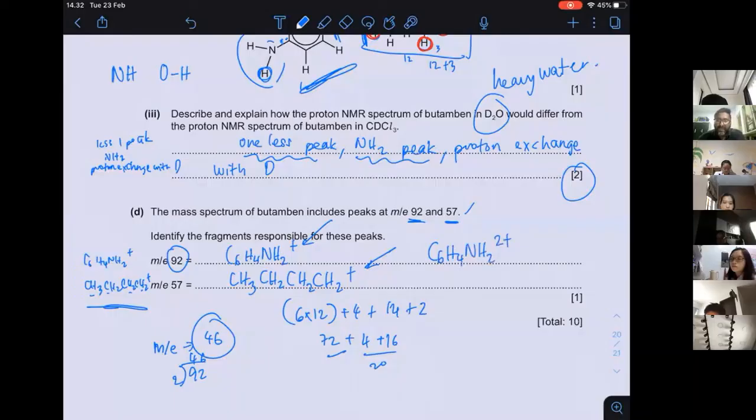This is accepted. Please remember this. Why? Because you take 92 divided by 2, you get 46. I want you to take note of this. If you have 92 divided by 3, then you have 3+. They can also ask you on this.